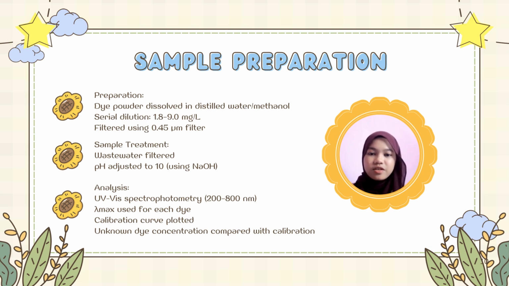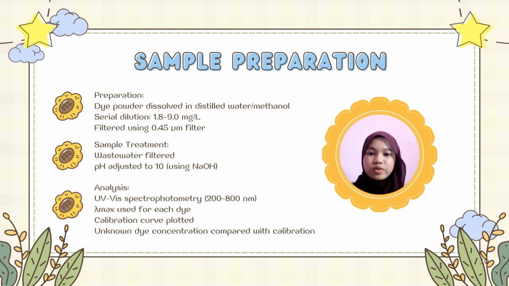This was successively diluted to cover a calibration range of 1.8 to 9.0 mg per liter. All of the solutions were passed through 0.45 micron filters to remove any particles that may interfere with the absorbance.